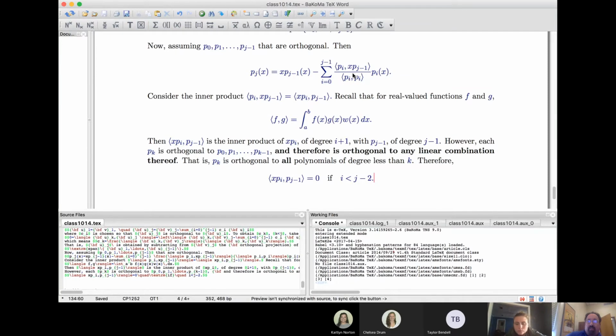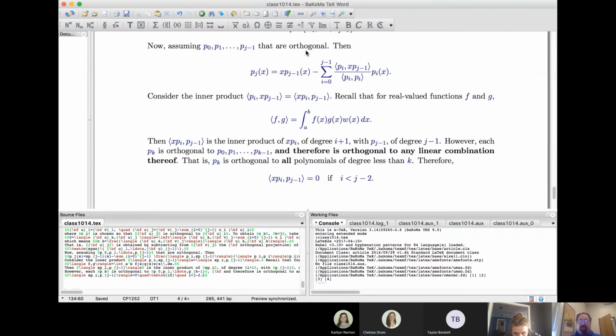How many of these are non-zero because of this condition here? So if all of these go away, how many are left? Because I is starting from 0 and going all the way up to here. Just one?